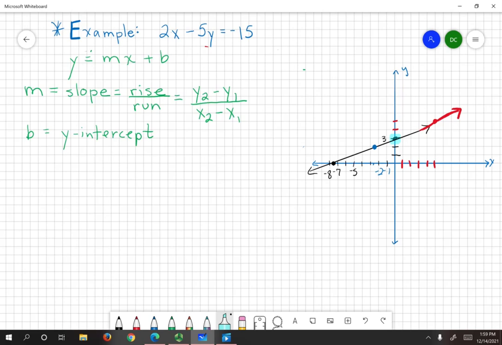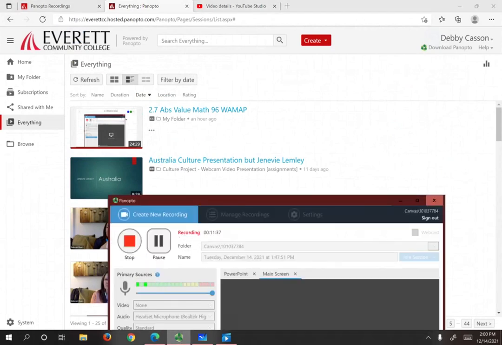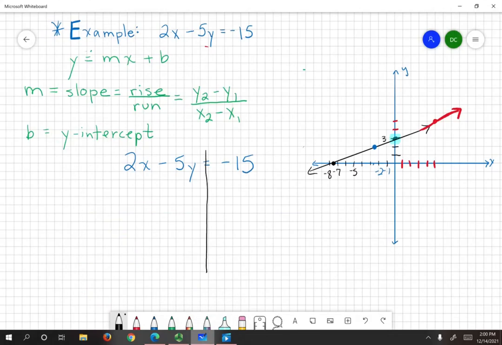In order to do this, we are going to take our equation, 2x minus 5y equals negative 15, and we are going to solve this for y. The first thing I'm going to do is subtract 2x from both sides, minus 2x, minus 2x.